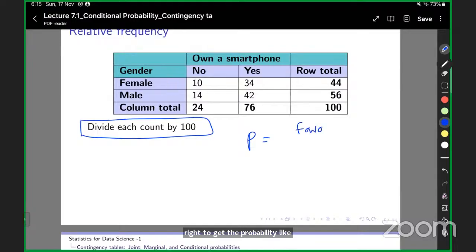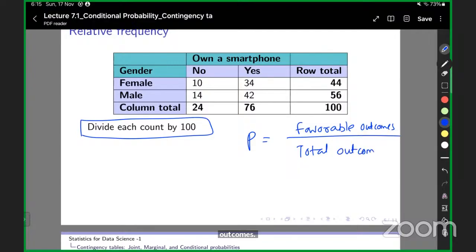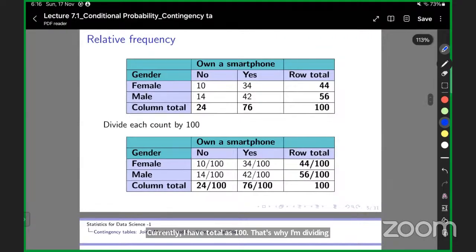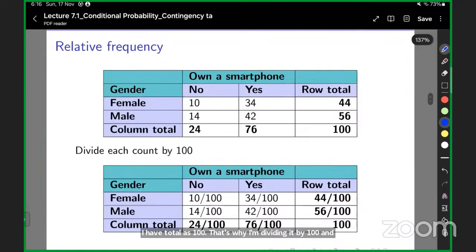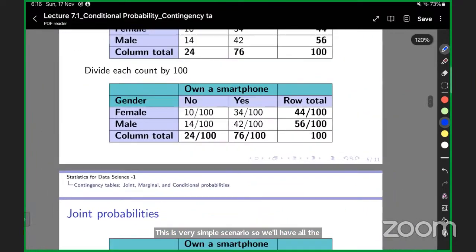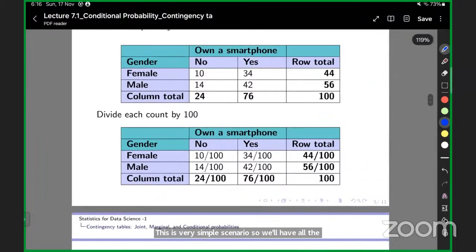Favorable outcomes divided by total outcomes. Currently I have the total as 100, that's why I'm dividing by 100. This is a very simple scenario, so we have all the probabilities.